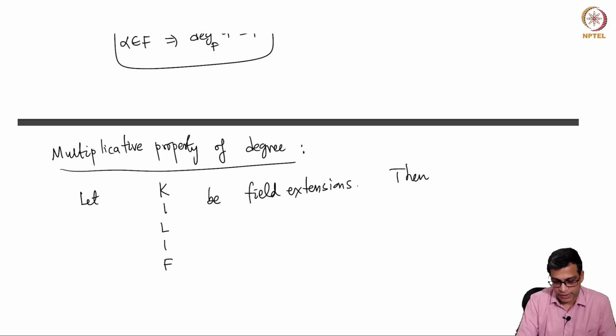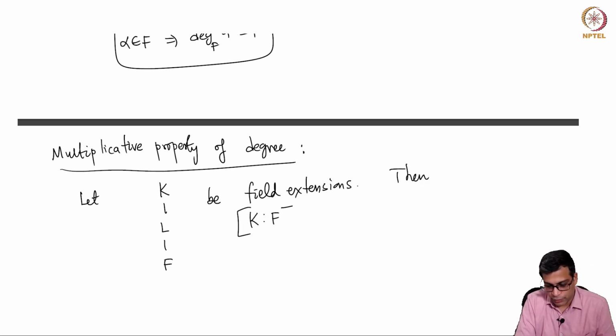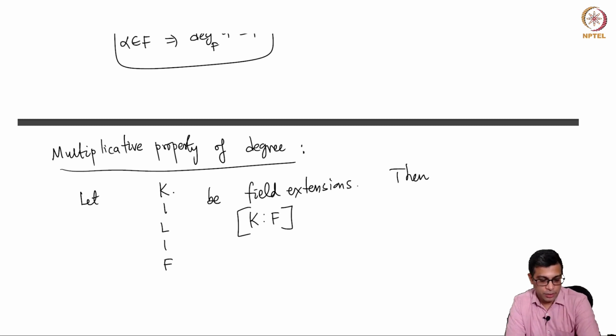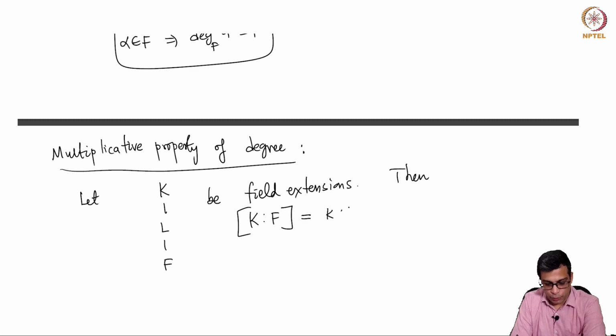Then the degree of K over F, remember, this means K is a field containing L, L is a field containing F. So the degree of K over F is the product of the degree of K over L times the degree of L over F.